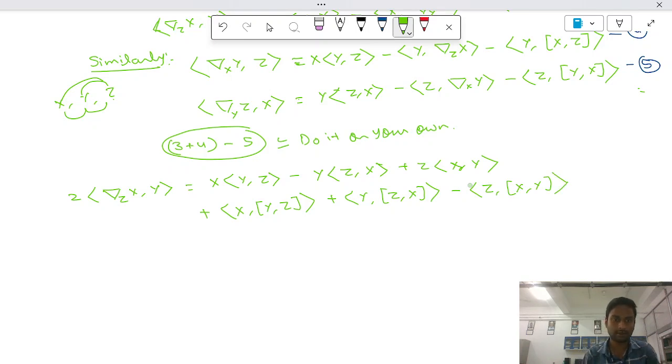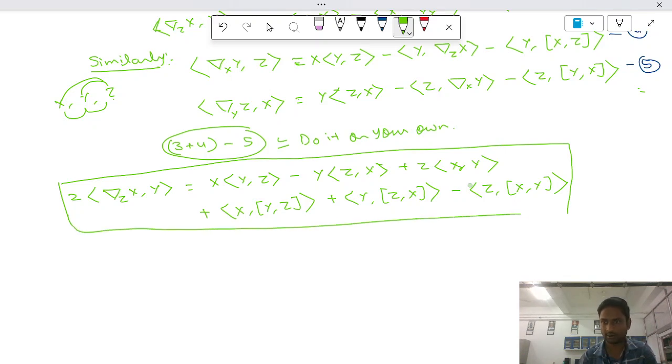You can very well remember this expression. On the left hand side, you are taking the covariant derivative of x in the direction of z, and then taking the inner product with y. The expression on the right hand side is quite simple to remember.